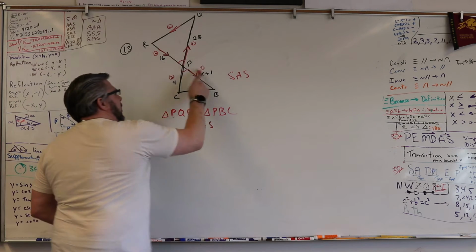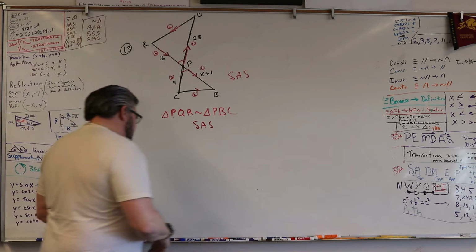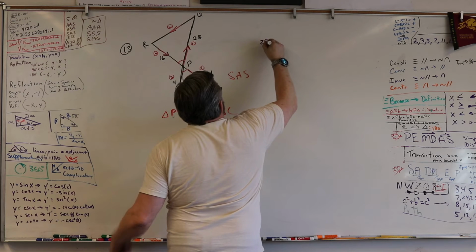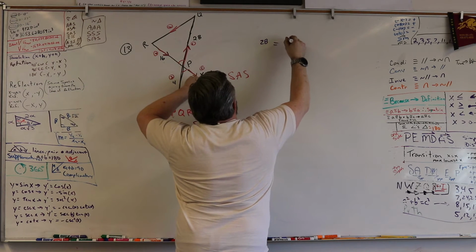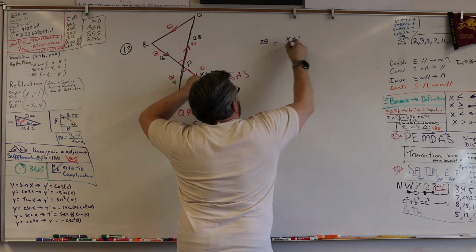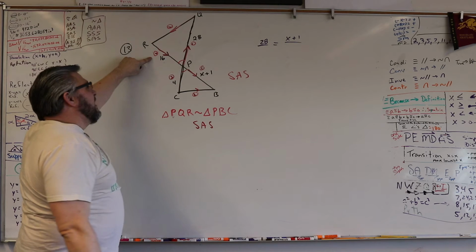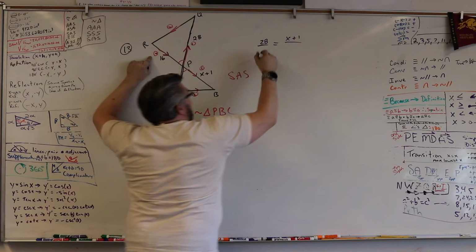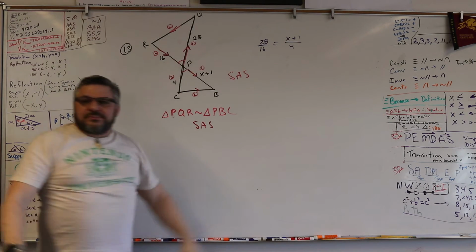Think, 1 is to 1, right? And this is how I like to write it. I like to write it as 28 is to 1 equals x plus 1, and 3 on that same other triangle, 16 is to 4.